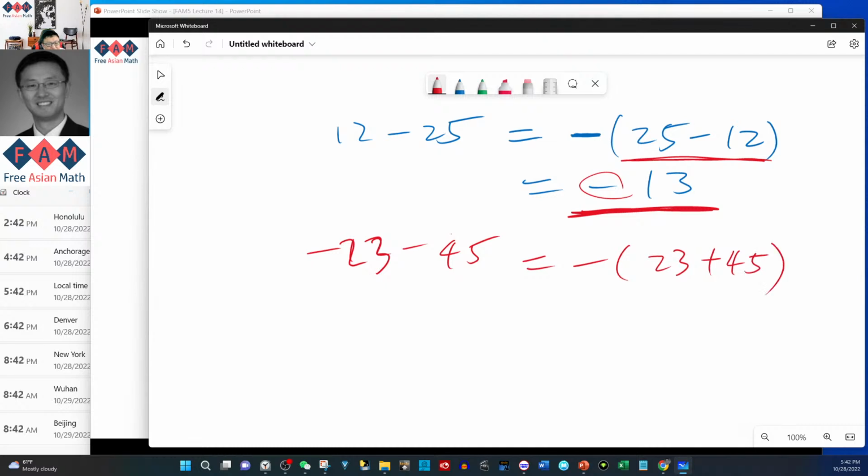We don't know how to do negative minus negative, but we do know how to do addition. According to our theorem, we can put these two symbols together. Remember, those two symbols are not the same. The first one is a negation on 23. The second one is subtraction. But regardless, we can write this as this. So this is negative 68, because we know how to do addition.